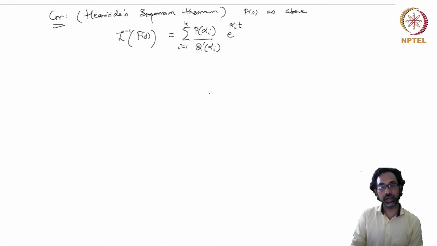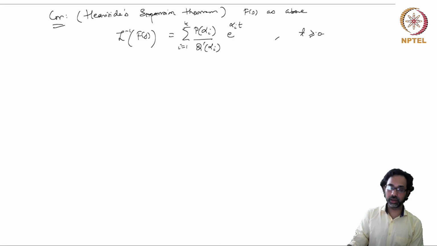This is immediately obtained from the partial fraction expansion, and this is valid for t greater than or equal to 0.